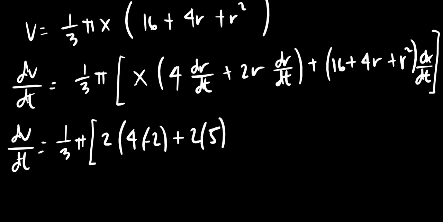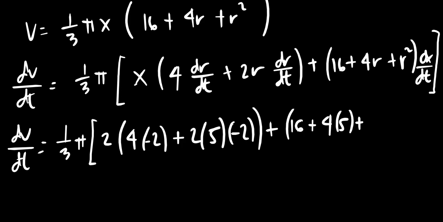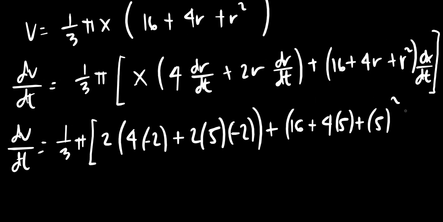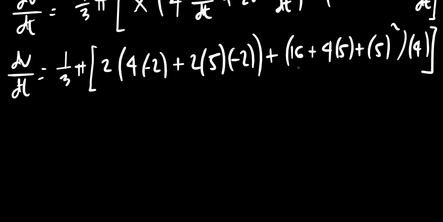Plus, we just copy 16 plus 4 times r, where r is equals to 5, plus 5 squared. And dx over dt is equals to 4 feet per minute, so we'll multiply it by 4, close bracket. So we'll simplify.